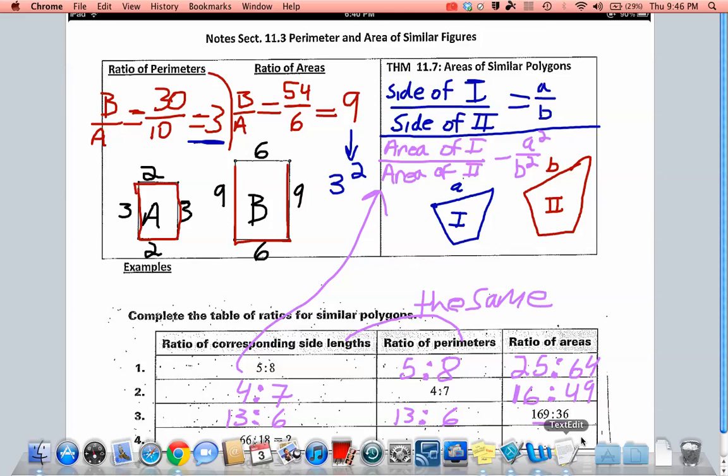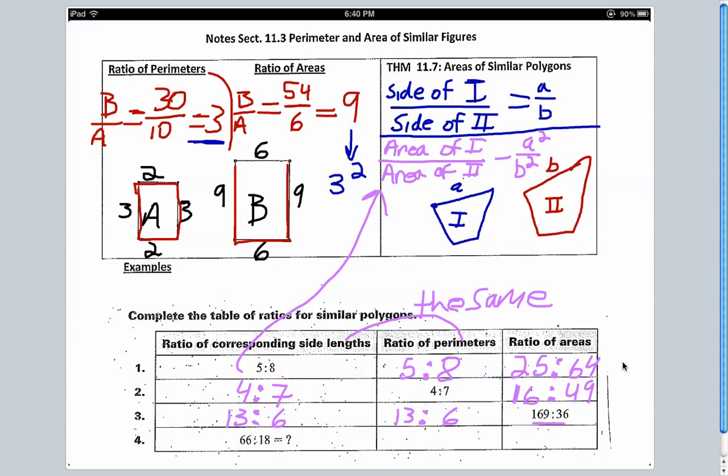Okay? And last, if you guys can see the bottom one here, 66 is to 18. Well, let's first reduce that. What are we going to reduce that to, that 66 to 18? I think we can take a 6 out of each one, and that'll reduce to 11 over 3, or 11 to 3.